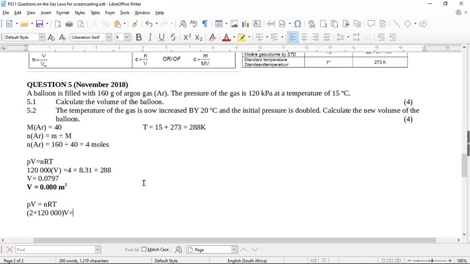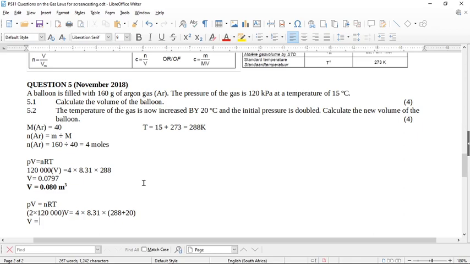The number of moles can't change because it's fixed. It's the mass of gas you put in there. The molar gas constant is 8,31, and this is now going to be 288 plus 20, which is going to be 308. Okay, so if you do this all in your calculator, let's check.